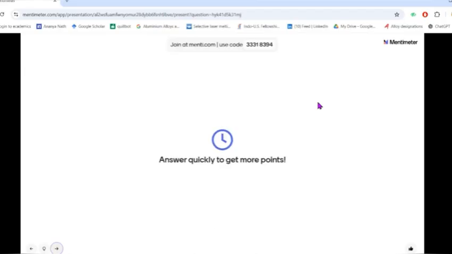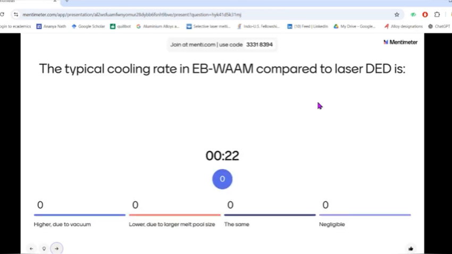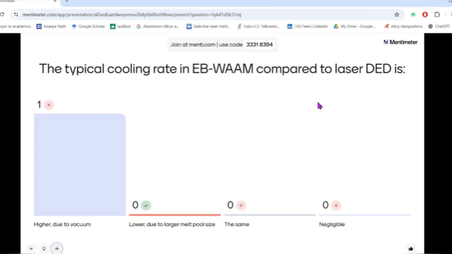13th. The typical cooling rate in EBAM compared to DED is lower due to larger melt pool size.